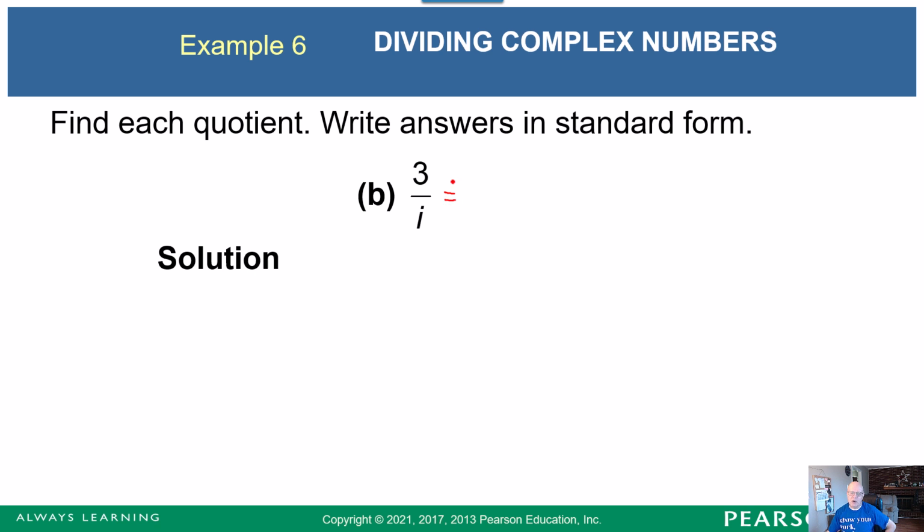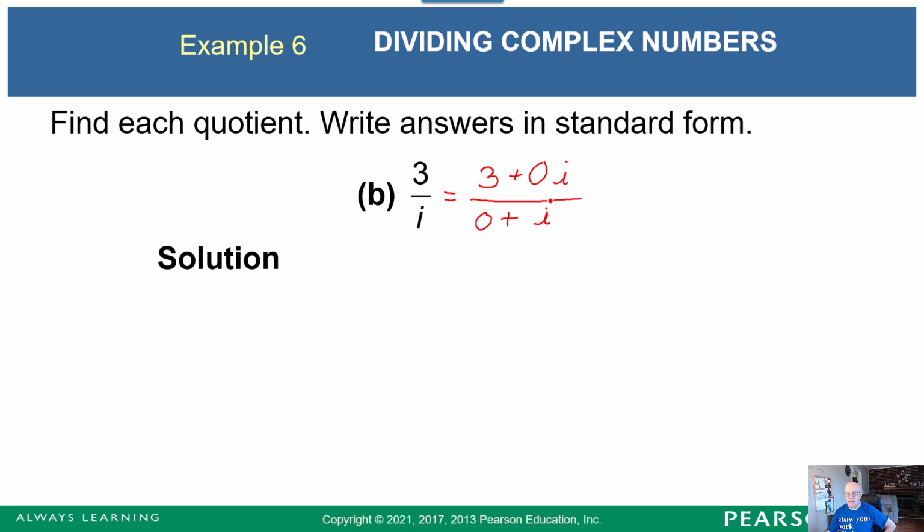What we'll do is we'll get a little tricky. This is a complex number, right? What does the numerator look like? Remember, it's supposed to be a plus bi. So it'd be 3 plus 0i in the numerator. So what's the denominator? 0 plus i.